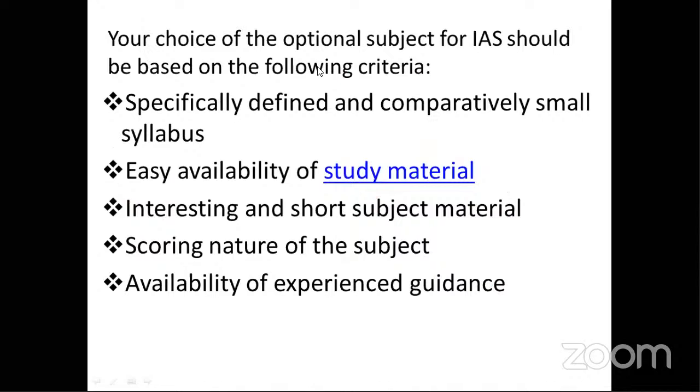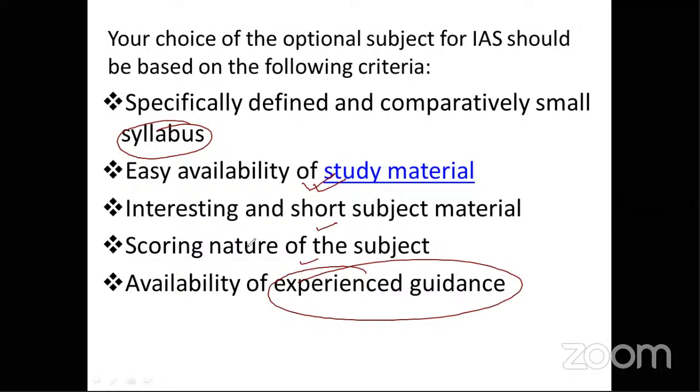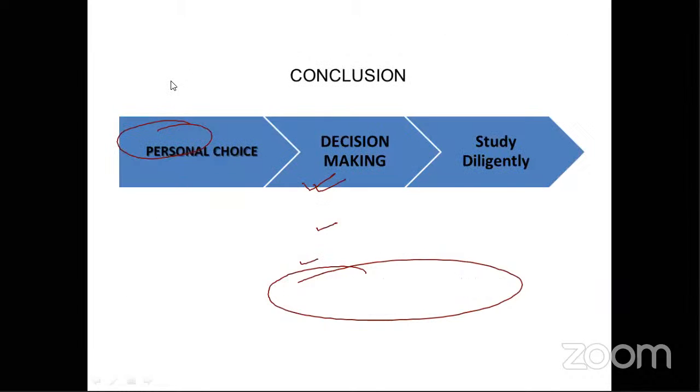Your choice of the optional subject for IAS should be based on the following criteria. इट इज डिफाइंड कंप्लीटली स्मॉल सिलेबस. सिलेबस का आपका काफी छोटा होना चाहिए सब्जेक्ट का, जो भी आप डिसाइड करोगे, क्योंकि यू कैन इजिली कंप्लीट इन अ गिवन टाइम. मटेरियल्स की अवेलेबिलिटी होनी चाहिए, इंटरेस्टेड एंड शॉर्ट सब्जेक्ट मटेरियल होना चाहिए, स्कोरिंग नेचर होना चाहिए और अवेलेबिलिटी ऑफ द एक्सपीरियंस्ड गाइडेंस. ठीक है, तो ये सारी चीज को आप जब ध्यान से समझोगे, and you are listing the 2-3 subjects and seeing the past year question papers along with the syllabus and keeping all these things in your mind, obviously you will have a good chance to find your best optional subject.